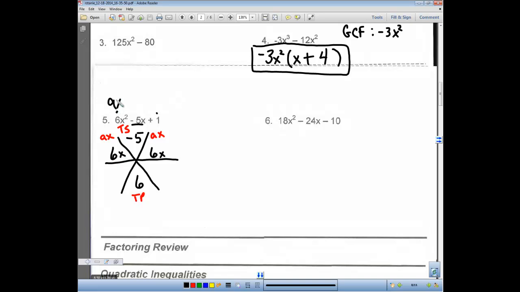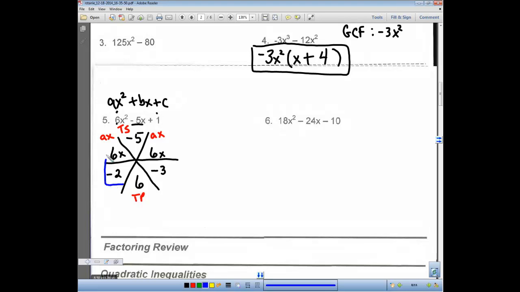Remember, this is ax squared plus bx plus c, so a is 6. And then the two numbers that multiply together to give me 6, but combine to give me negative 5 are negative 2 and negative 3. Negative 2 times negative 3 is positive 6. Negative 2 plus negative 3 is negative 5.